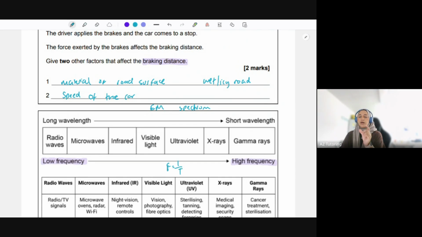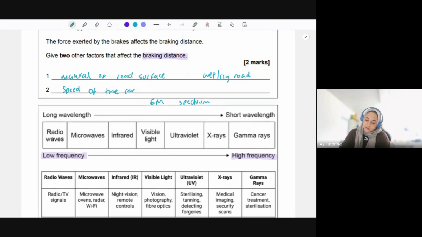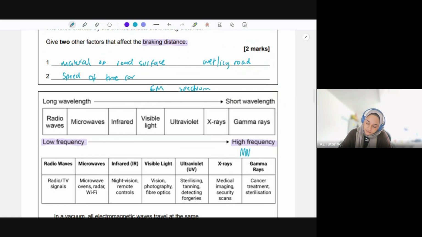So it's the amount of waves per second, basically. With gamma, the waves are quite tight together, so it's a really high frequency. There are more waves per second compared to radio waves, which are quite far apart from each other, so it's a lower frequency. That's the pattern across the electromagnetic spectrum.